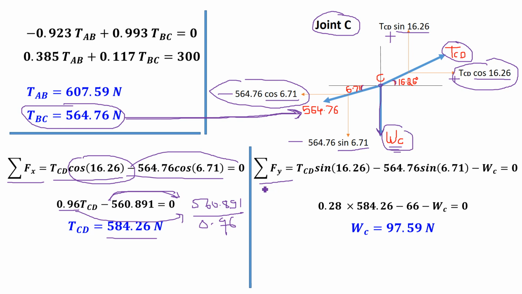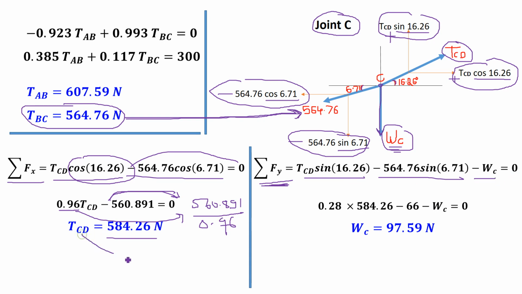So if you apply the summation of Fy equal to 0 condition, this is plus tension CD sine of 16.26, and this is minus 564 sine of 6.71, and downward is minus WC equal to 0.